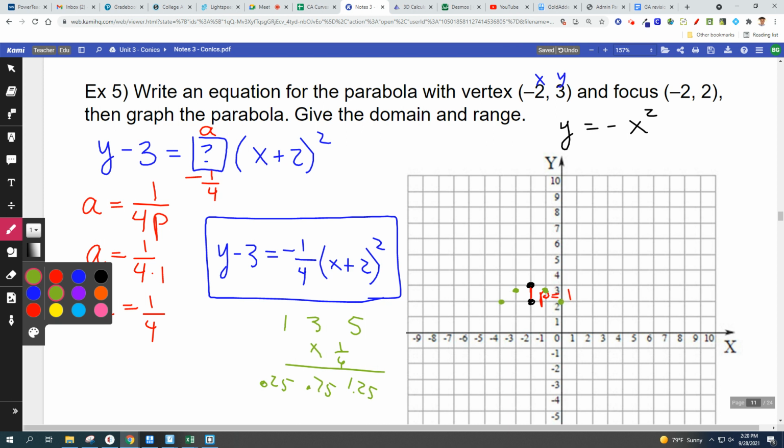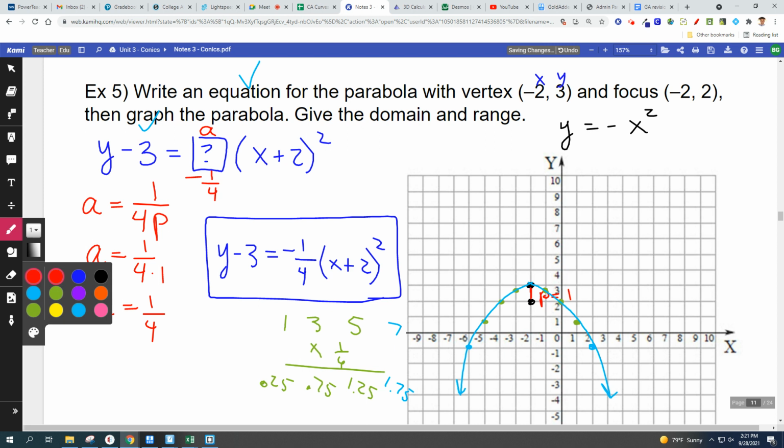Then we go down 1.25 and over 1. And if we wanted to go even more, 7 times 1/4 is 1.75, so down 1.75 and over 1. Look like that. That's probably about right. There we go. I've got the equation and the graph.